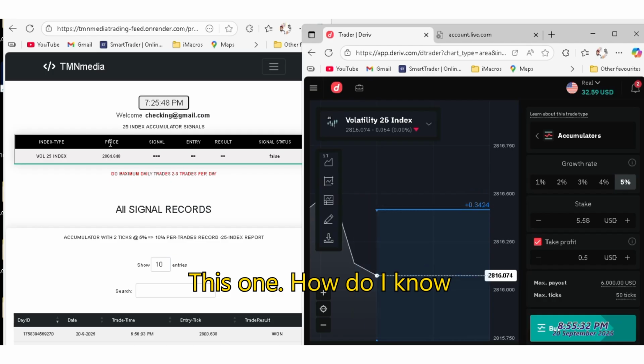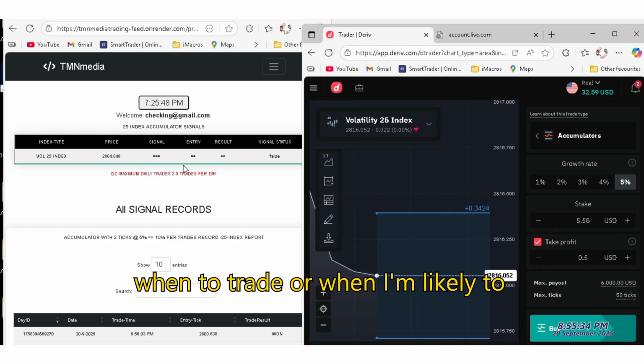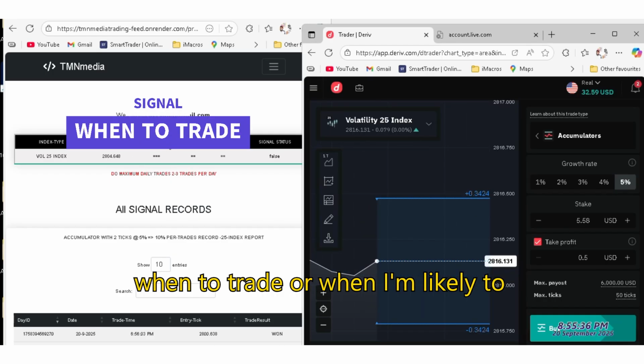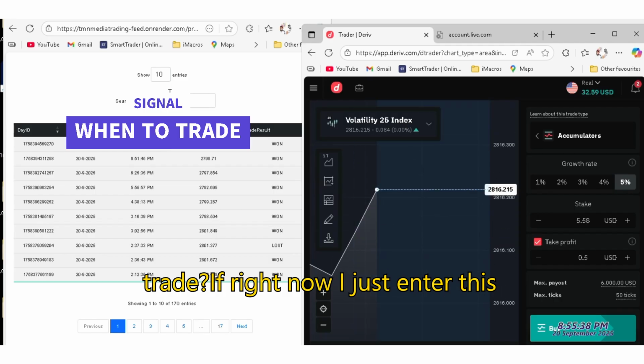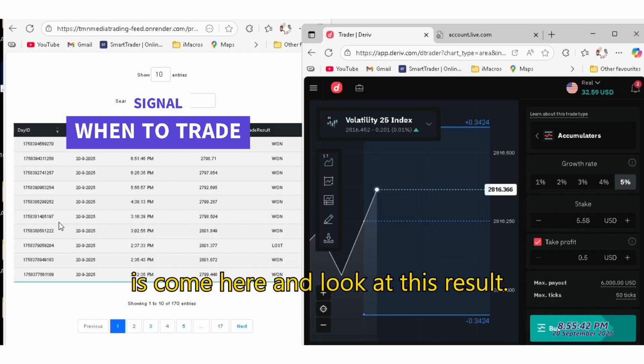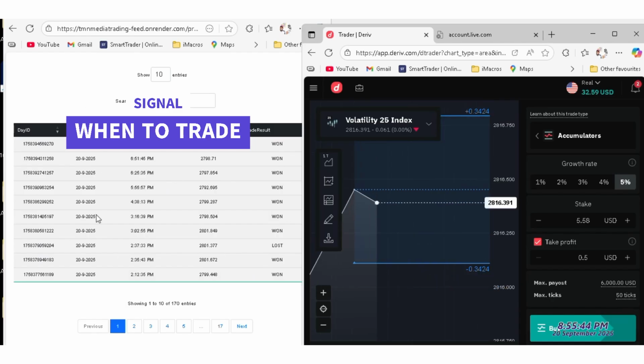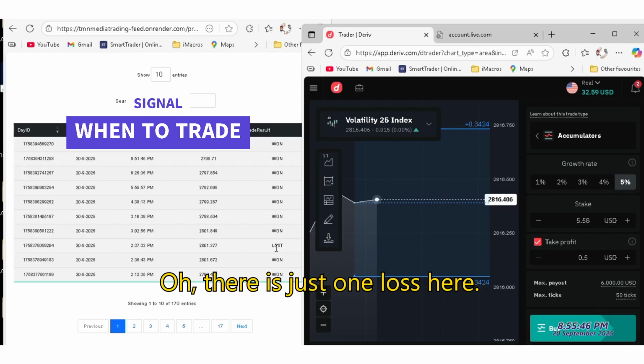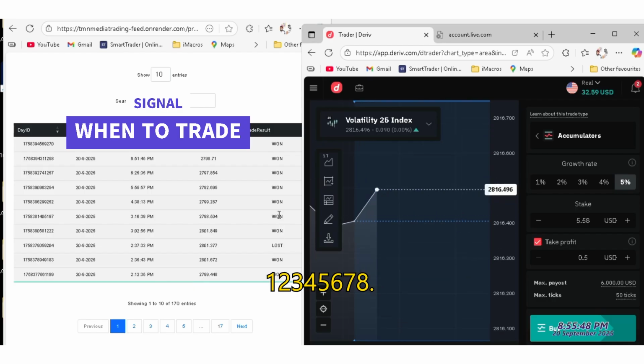This one. How do I know when to trade or when I'm likely to trade? If right now I just enter this place, I want to trade. All I need to do is come here and look at this result. Oh, there is just one loss here. Good. 1, 2, 3, 4, 5, 6, 7, 8.